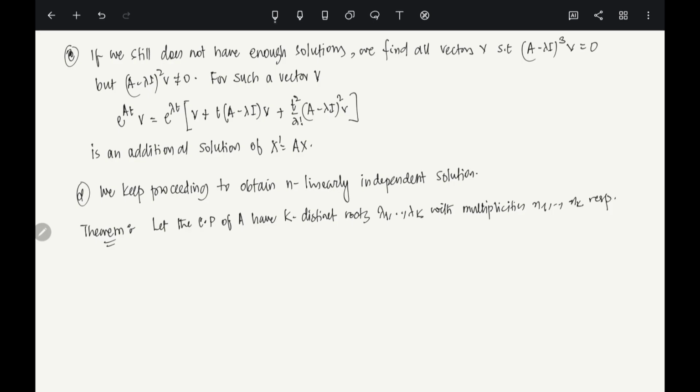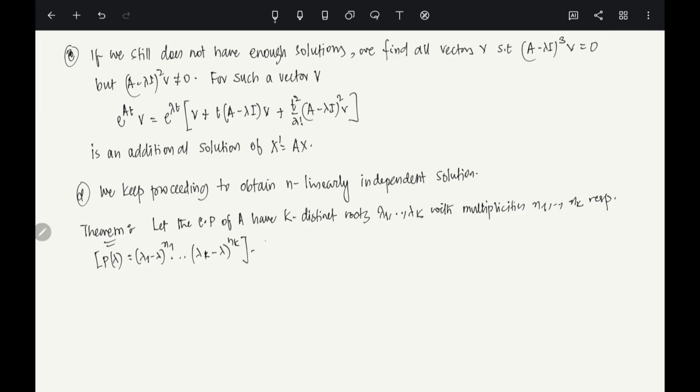What does it mean? It means that the characteristic polynomial p(λ) will look like (λ1 − λ)^n1 ... (λk − λ)^nk. This polynomial can be factorized into this.